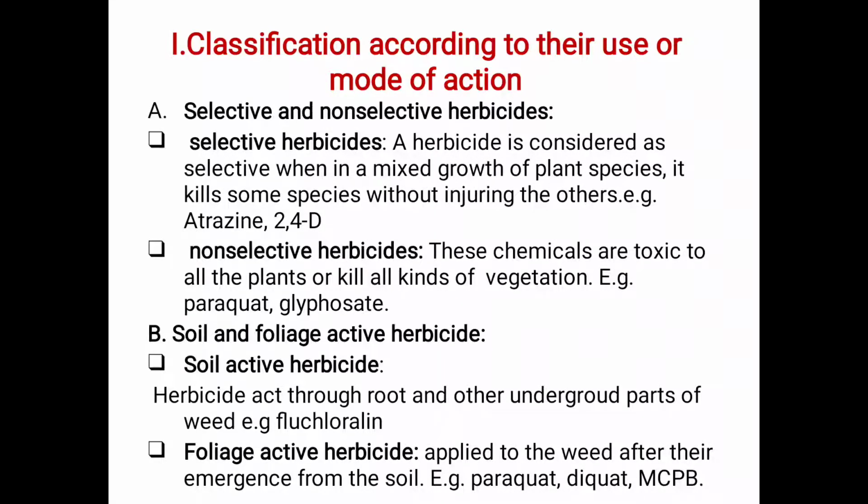Then the next one is foliage active herbicides. These herbicides are applied to the weed after its emergence from the soil and act through the plant foliage, and examples are paraquat, diquat. Some herbicides can function as both soil active and foliage active.